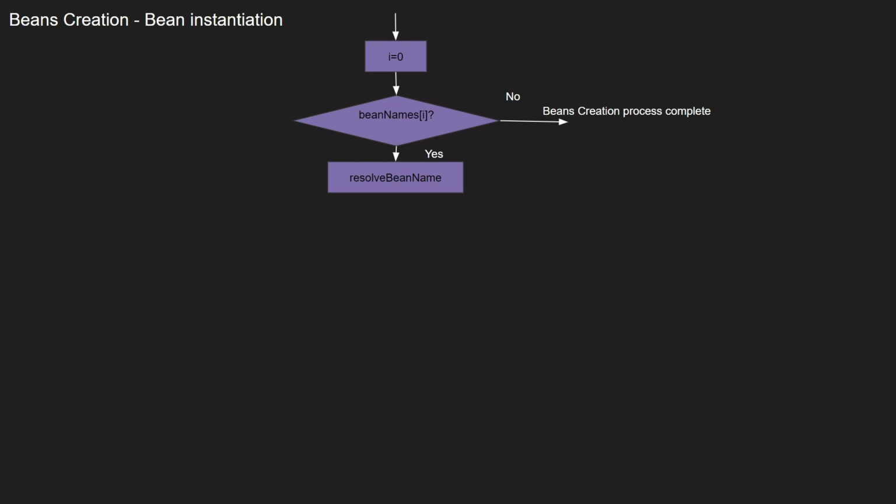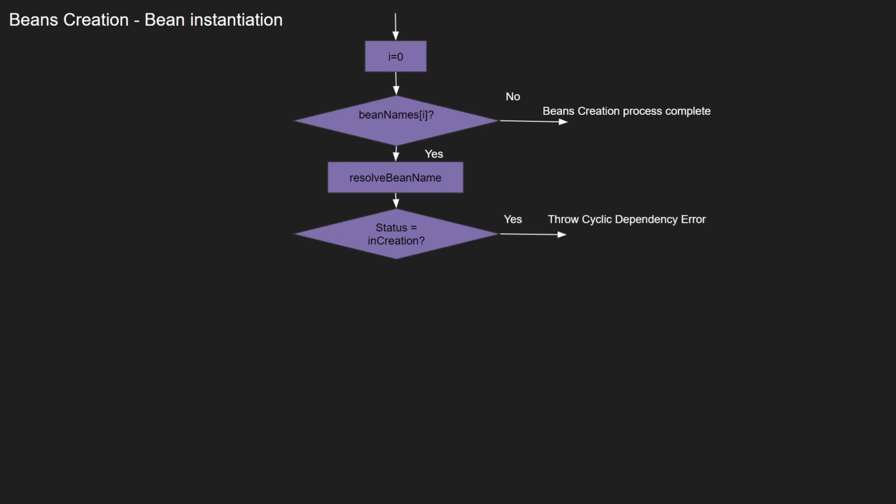You might remember the key information in the register aliases map was the alias name and the value was the bean name. If you have provided alias name in the application context.get bean method, then the resolve bean name gets the name from this alias map. If there is nothing in the alias map, then the bean name which is provided is the actual bean name. Once the resolution of the bean name is done, it checks if the bean creation status is in creation, which means whether the bean is still in creation process.